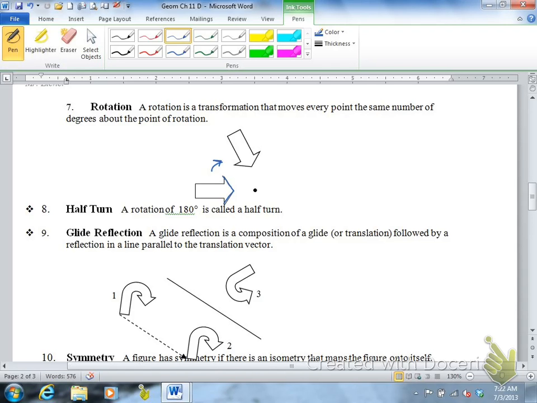So this is our pre-image, and then this is the image. So pre-image is before the transformation. A rotation of 180 degrees is a half turn. Half turn, rotation of 180 degrees, should make sense.